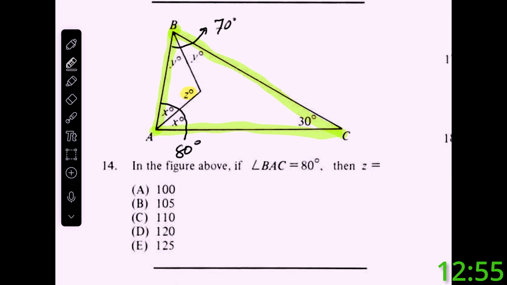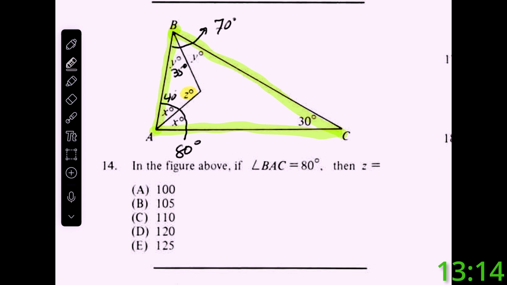And since there is a y and a y, that tells me that I'm bisecting that angle. So each of the y's is 35. I've got the same situation here. X is bisecting that angle, so that x is 40 degrees.